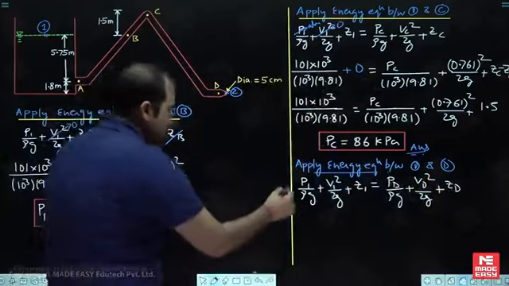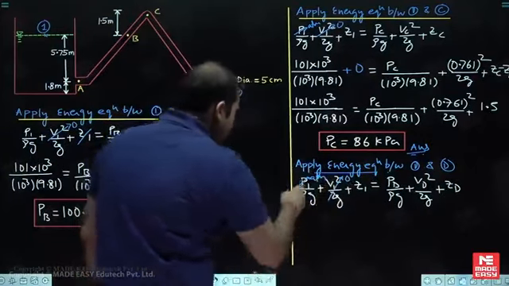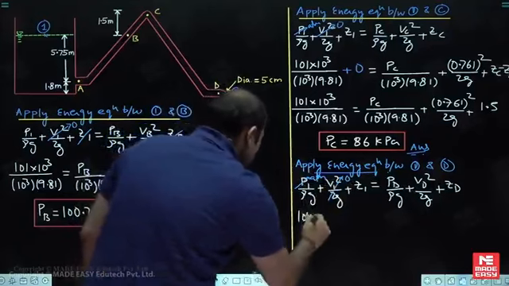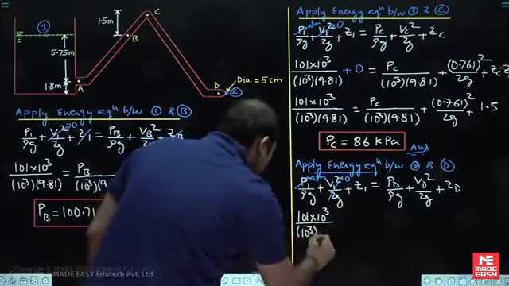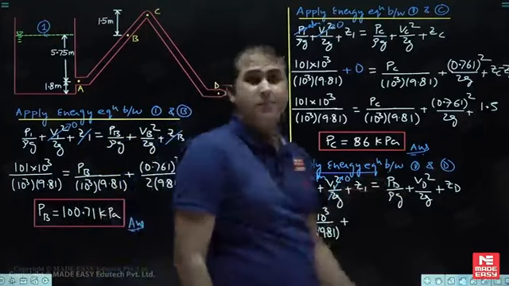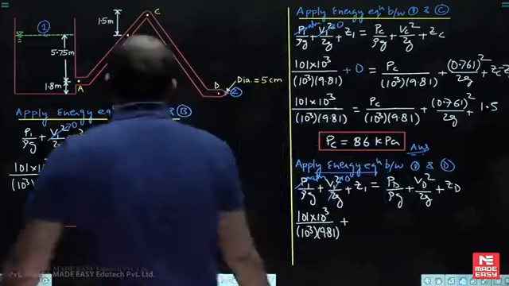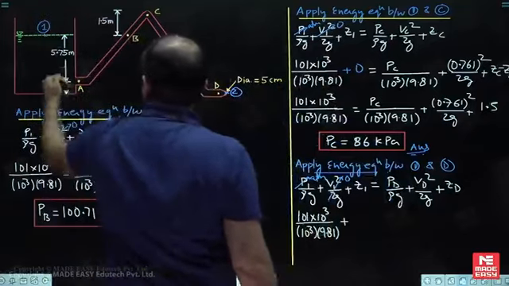Now as usual, this is PATM. This value is equal to 0. So this is 101 into 10 to the power 3 divided by 10 to the power 3 multiplied by 9.81 plus Z1, ZD. Z1 is this.